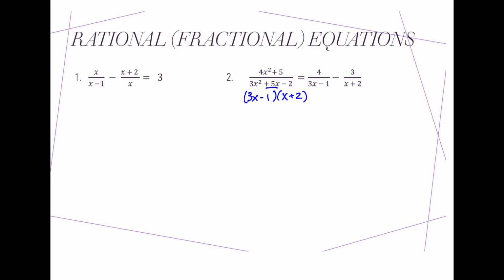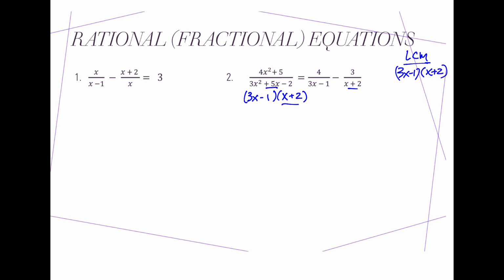So looking at the LCM, I want to take the highest power of any common factor. And there's 2 factors of 3x minus 1. I have a factor here and a factor here. So we just take a 3x minus 1. And then I have 2 factors of x plus 2, so I'm also going to take an x plus 2.